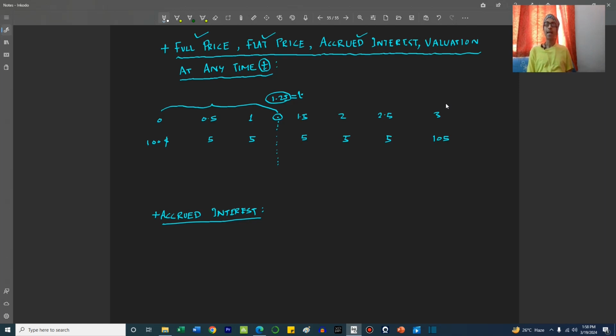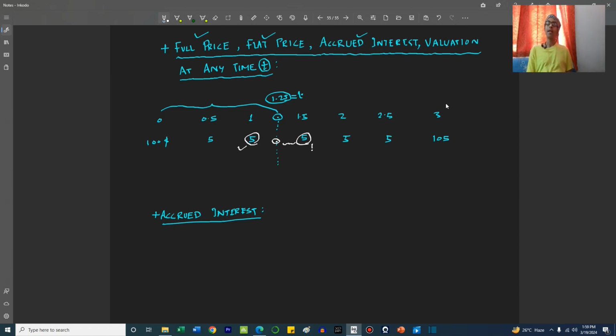So let's say here one interest payment was due, it has already been paid. Here again there is another interest payment which is due, but this is yet to be paid, right? So at this point, this interest is already paid, so it is out of our contention, but some proportion of this is within our contention.